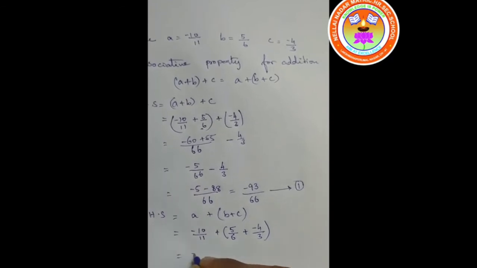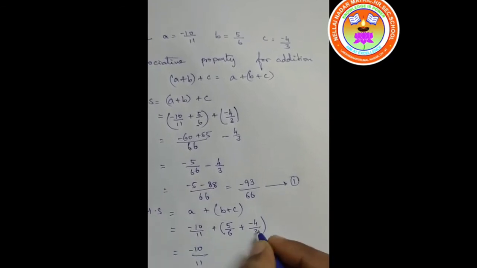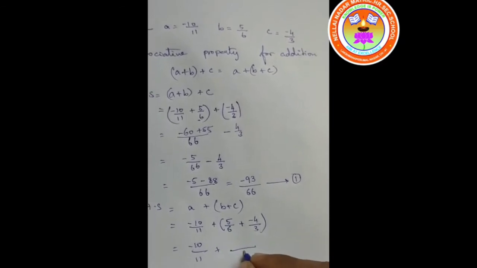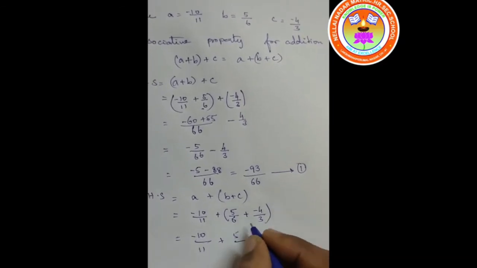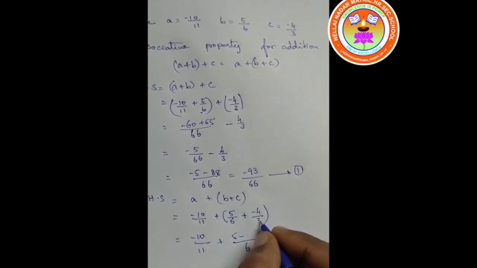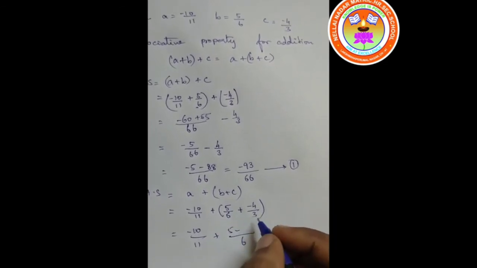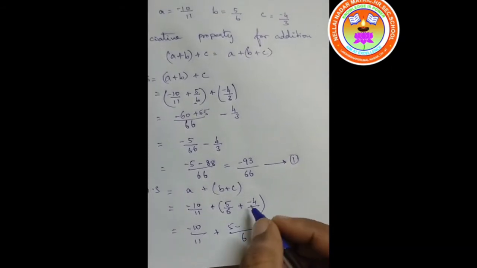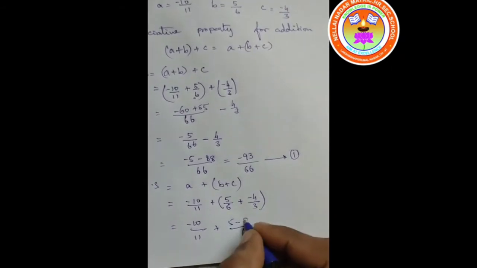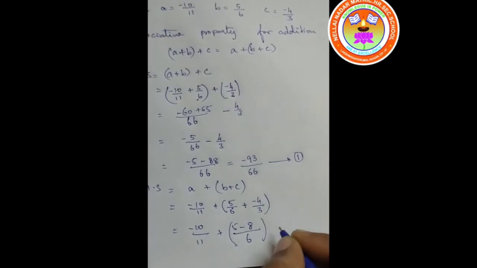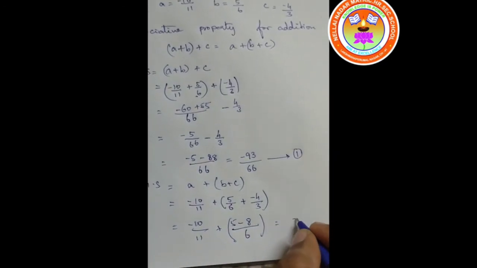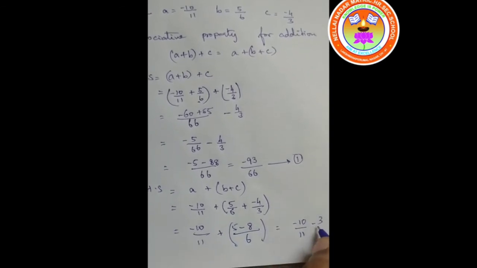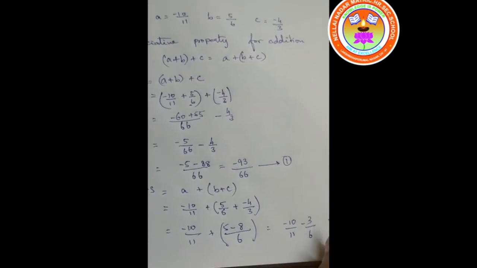Again you have to take LCM for 6 and 3, which is 6. 5 as it is, minus 4 multiplied by 2, 4 2s are 8, which is equal to minus 10 by 11 minus 3 by 6.